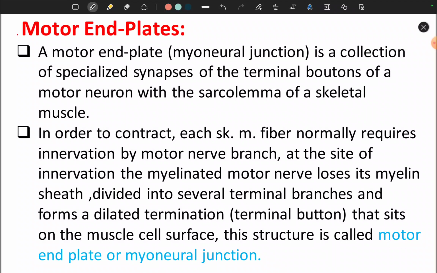In order to contract, each skeletal muscle fiber normally requires innervation by a motor nerve. If innervation is lost, it can lead to paralysis. Each muscle fiber should be supplied by its own motor neuron.